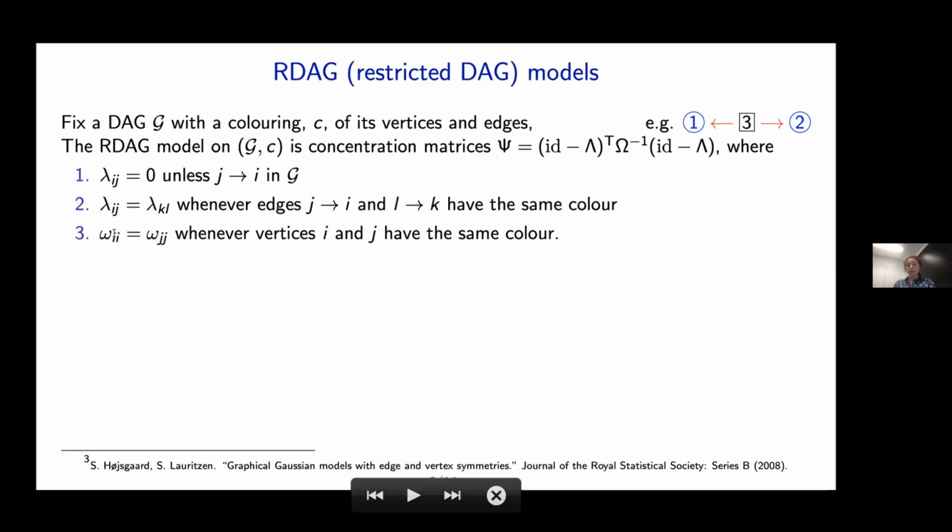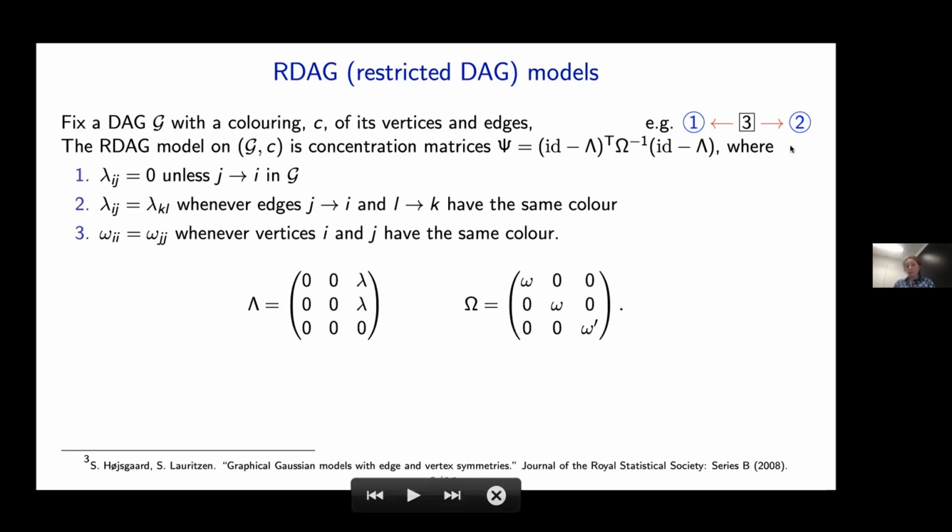So omega ii is equal to omega jj whenever vertices i and j have the same color. Okay, so that's the recipe that we use to produce this lambda and this omega corresponding to this model here. These two are the same because the edges have the same color, and these two are the same because the vertices have the same color.